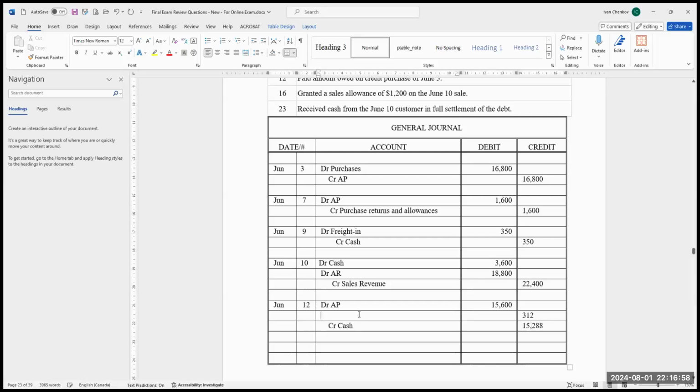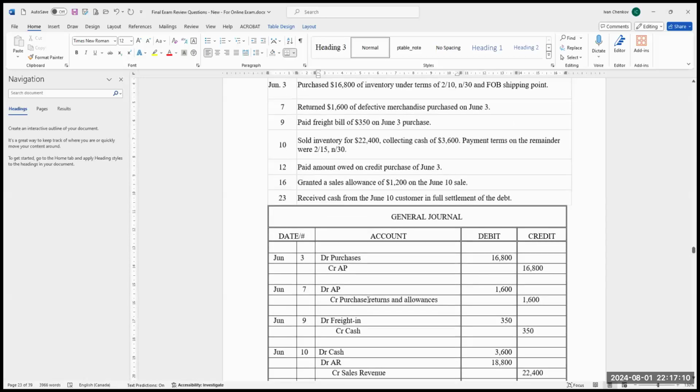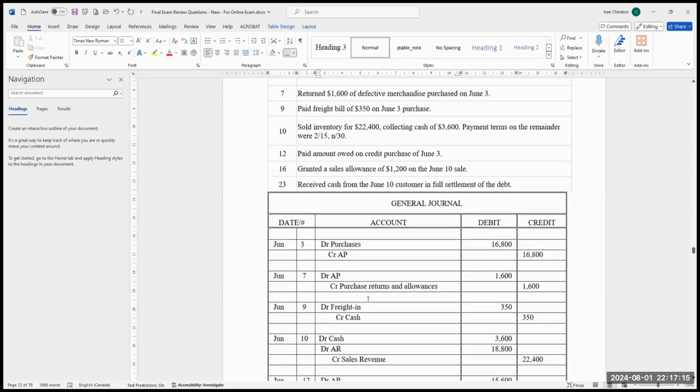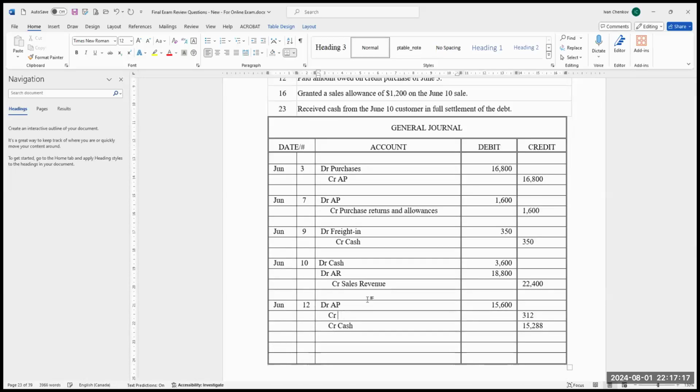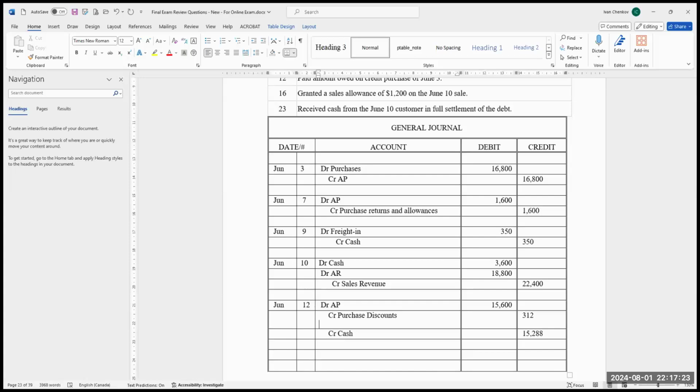The rest is going to go to the new account, which is a credit to purchase discounts, $312.